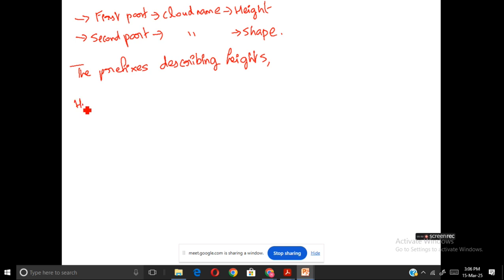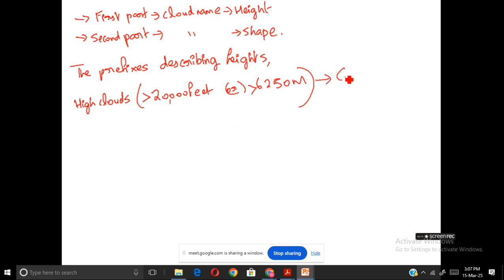If the clouds are high clouds, which means they are present at a height of greater than 20,000 feet or 6,250 meters, these clouds have the prefix cirro.